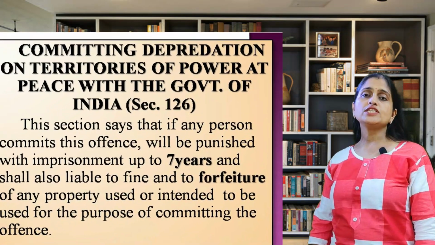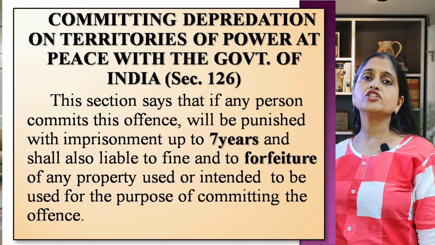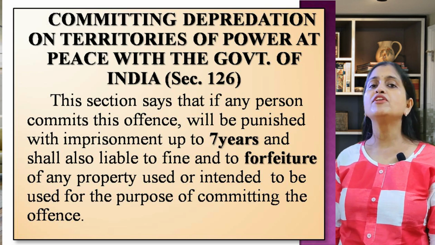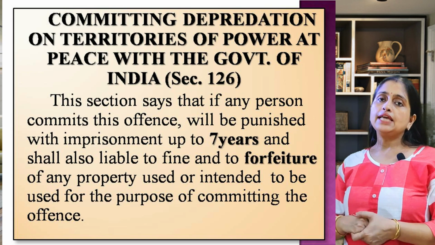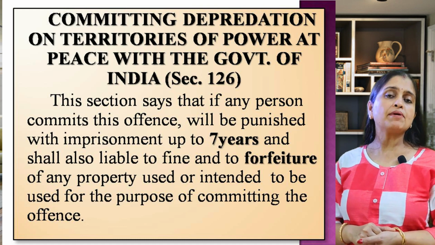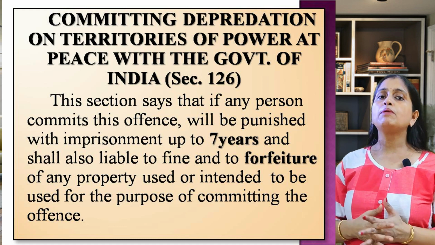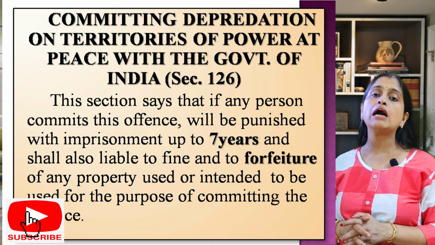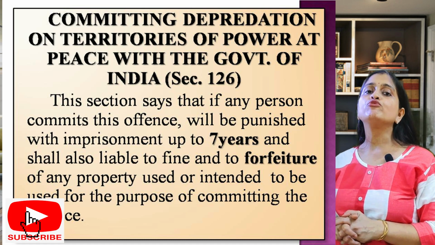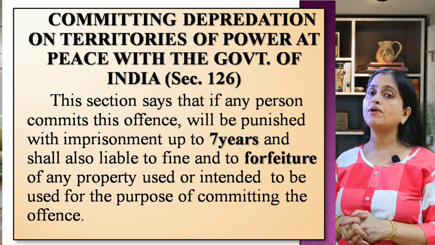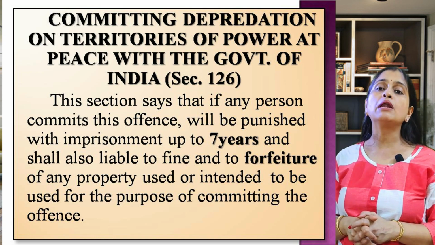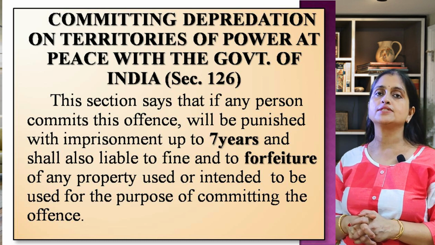Section 126 says committing depredation on territories of power at peace with the government of India. This section says that if any person commits this offence, he will be punished with imprisonment up to 7 years and shall also be liable to fine and to forfeiture of any property used or intended to be used for the purpose of committing the offence.